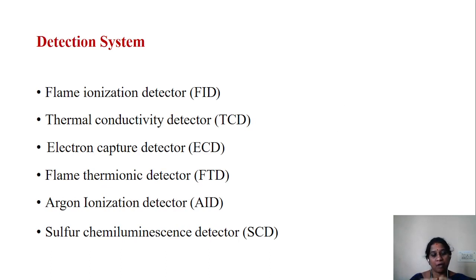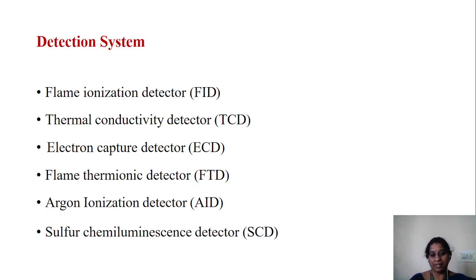Various detectors can be connected to this gas chromatograph, like the flame ionization detector, thermal conductivity detector, electron capture detector, flame thermionic detector, argon ionization detector, and sulfur chemiluminescence detector.